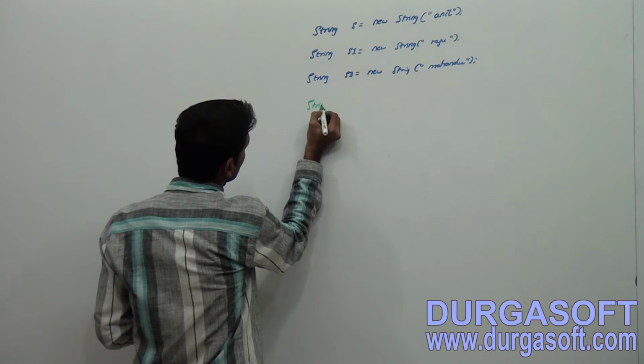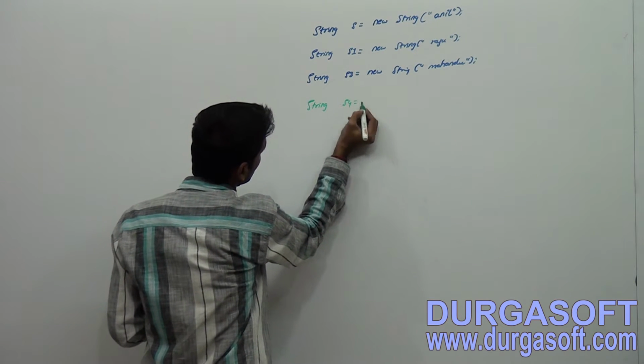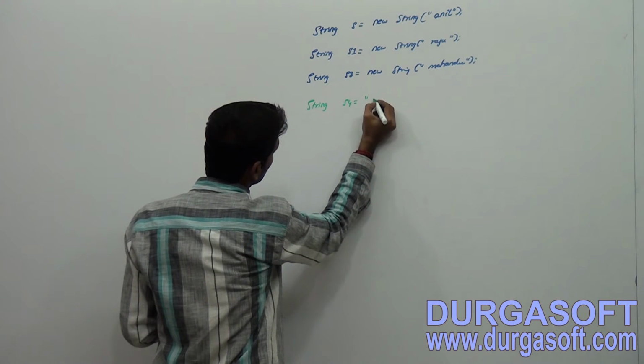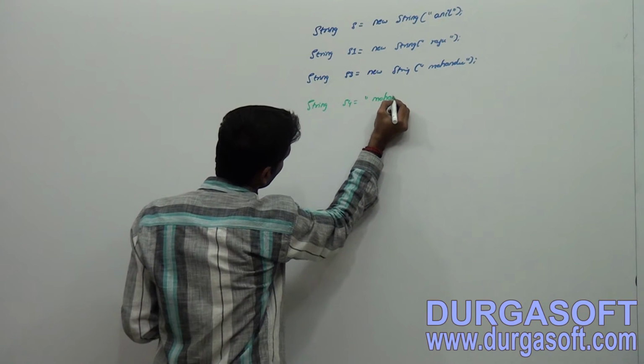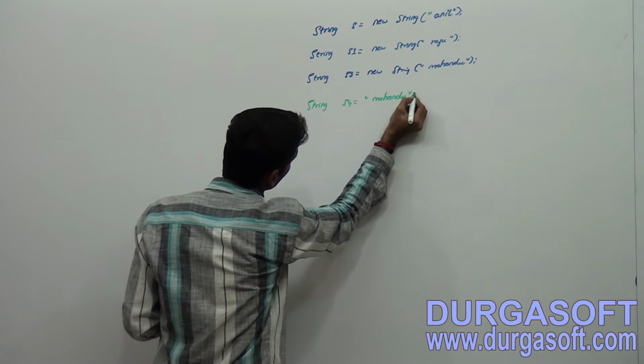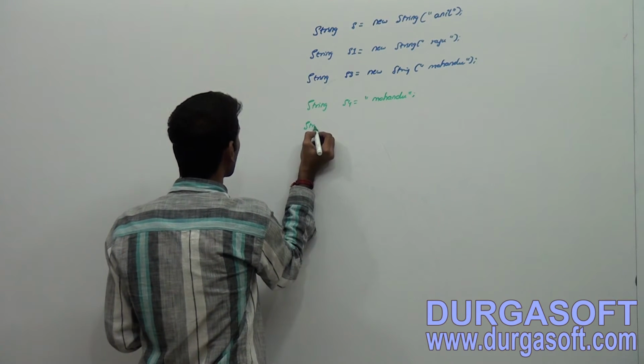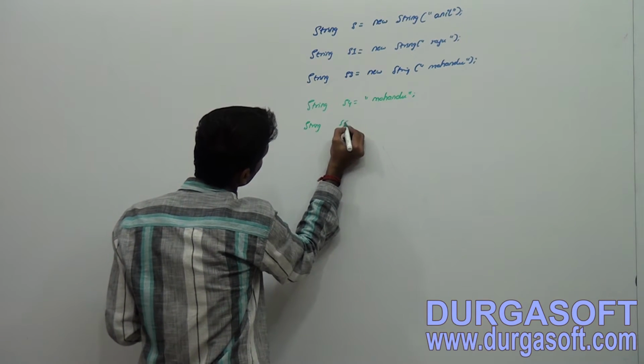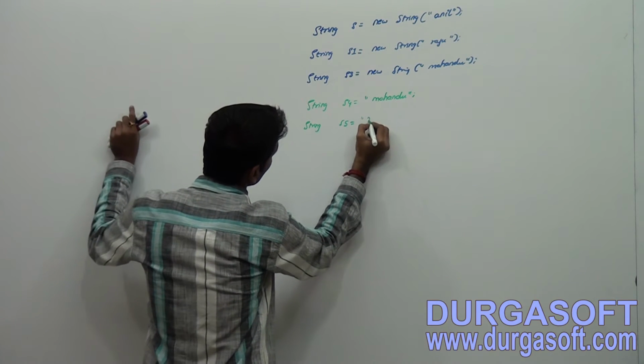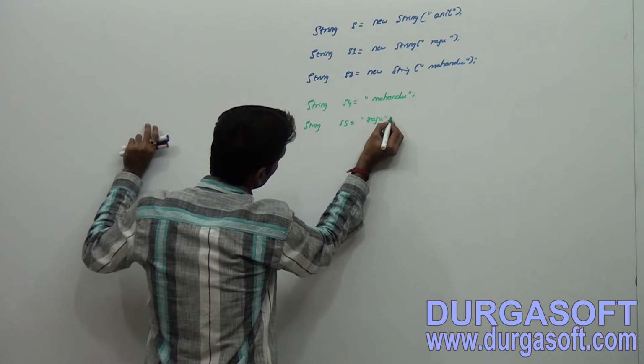String s4 equals Mohandu. And string s5 equals Raju. Same literals I'm taking.